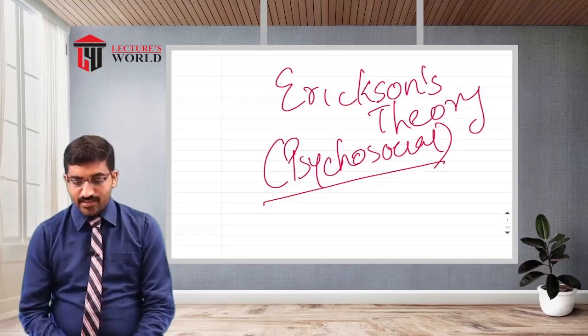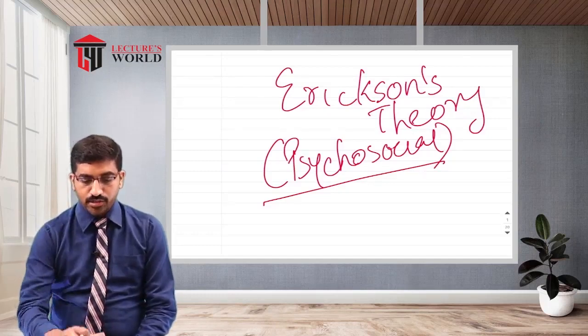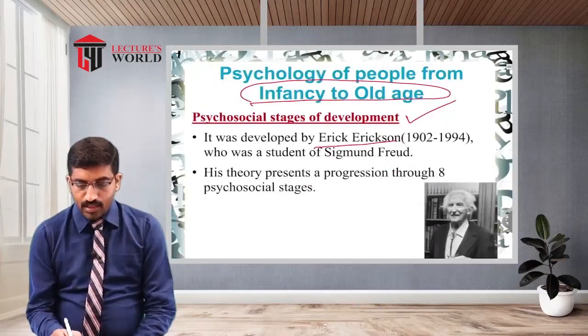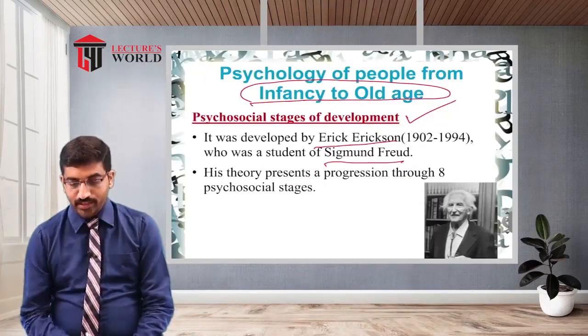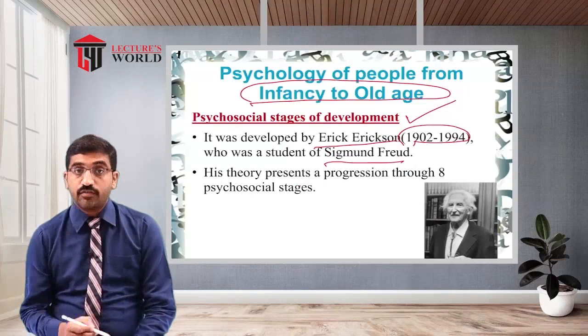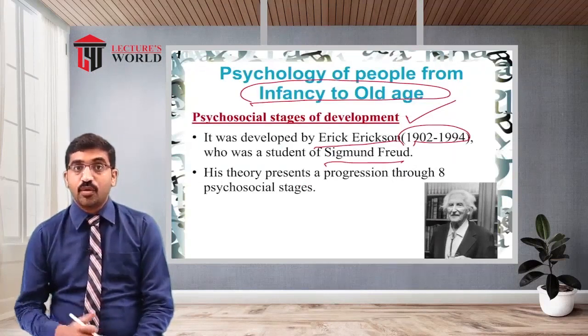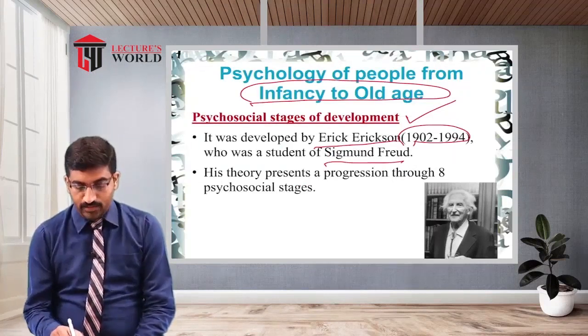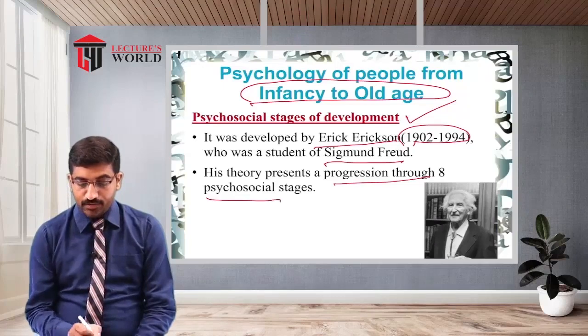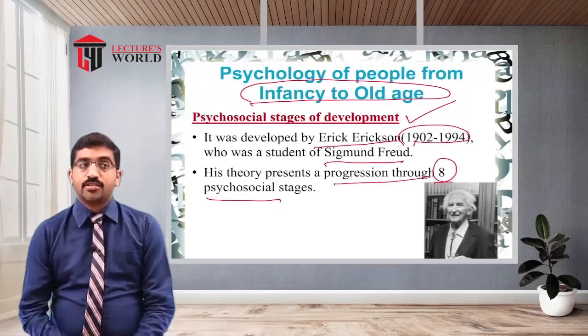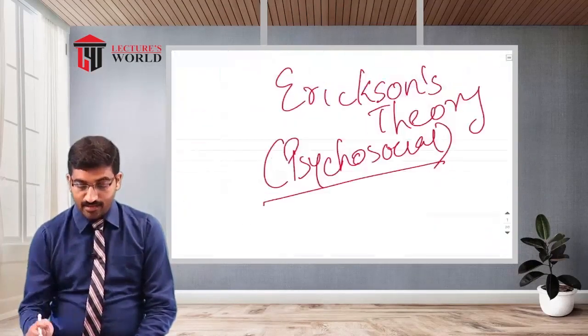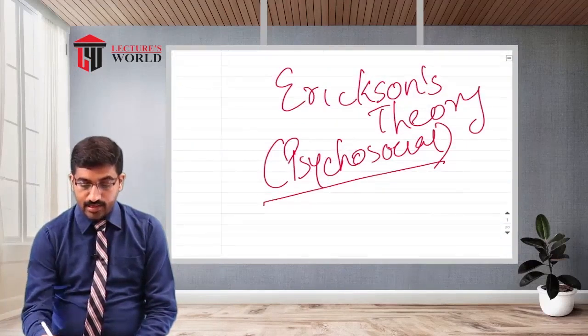So Erikson's theories are also according to age groups. He was a student of Sigmund Freud. So he was not very old. You can see this is not the oldest theory. He followed progression through 8 stages. So total 8 stages are there.